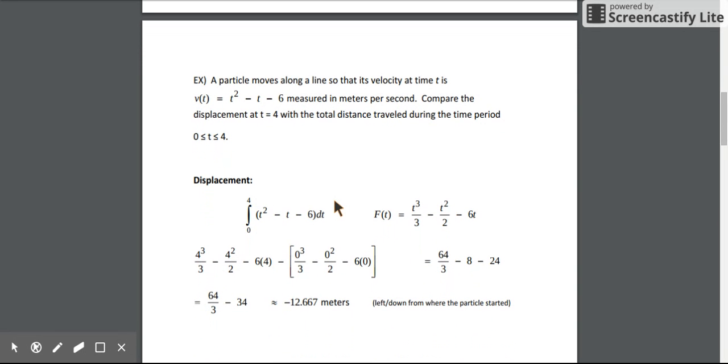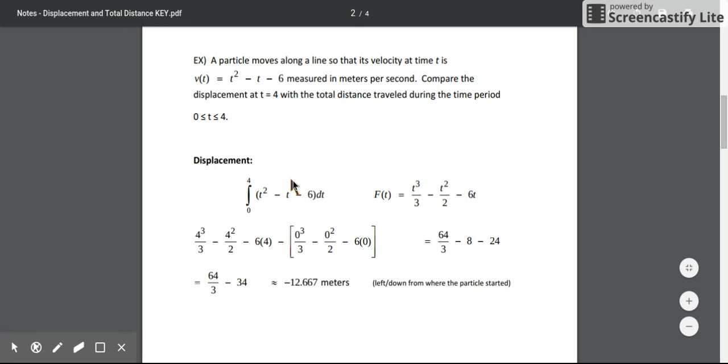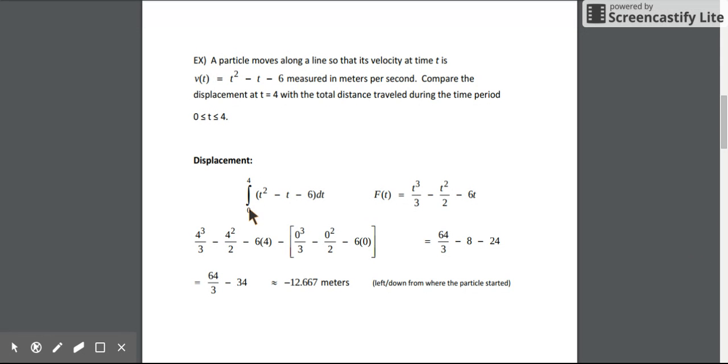So to do the displacement, we're just going to integrate the velocity. So we're going to find the antiderivative of this function. We get this. And then we're going to evaluate it at the upper limit and at the lower limit and subtract those two values.